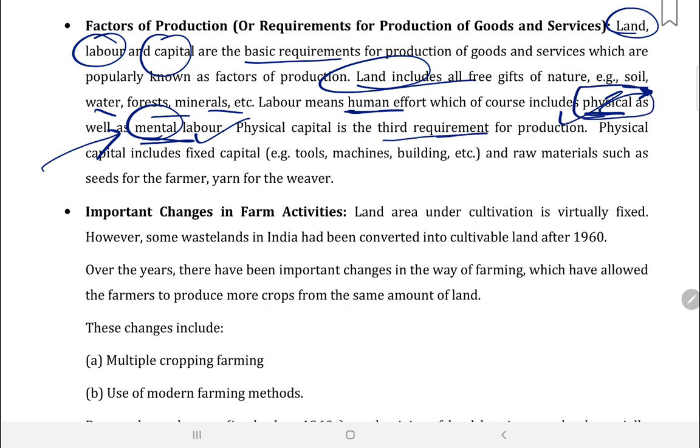Physical capital is the third requirement. Even among the factors of production, the most important is capital. This is very important, and normally children get confused on this topic.